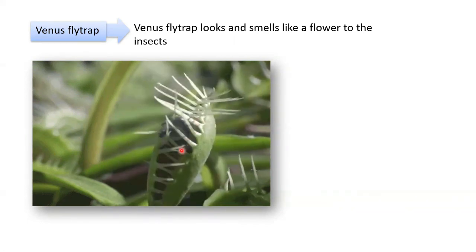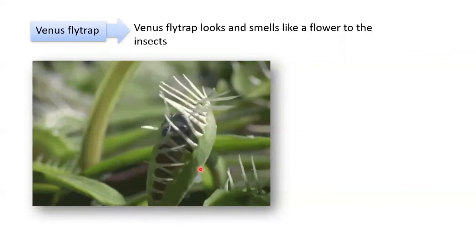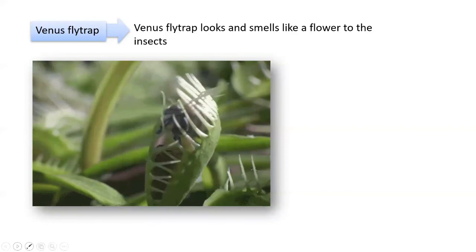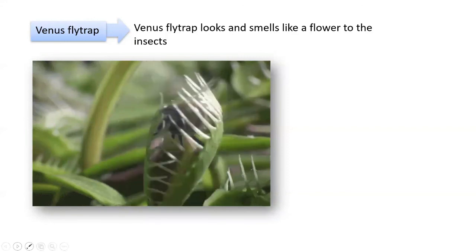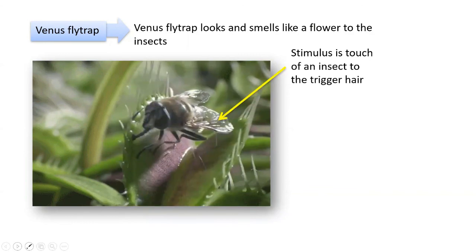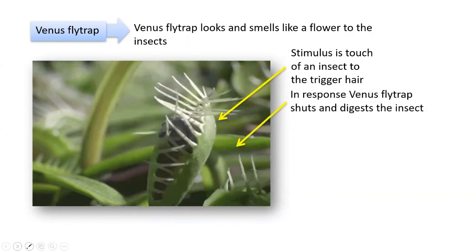As soon as they settle, the Venus flytrap flap closes, and the insect gets trapped inside the plant, and some digestive enzymes will digest it. You can see it in the GIF that I have inserted in this slide, right? So the stimulus is that the insect has settled on it, and what will be the response? The response will be that it will shut, close, and release some digestive juices.